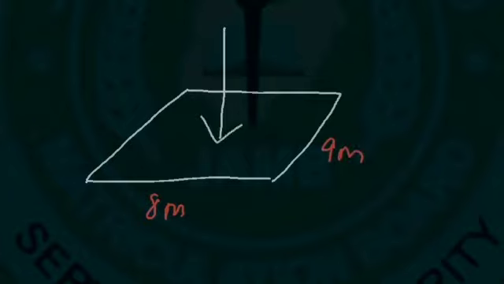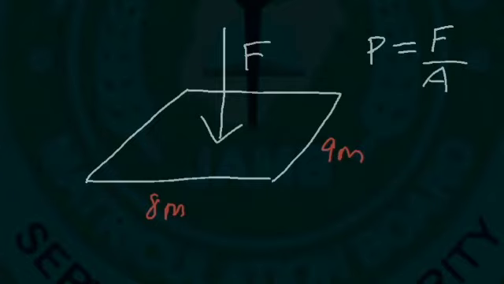Now here's a question for you. Let's say we have a rectangular surface and it's 8 meters by 9 meters, and we want to calculate the total force exerted by the atmosphere on this surface. How would you do it? So we know that pressure is force divided by area.